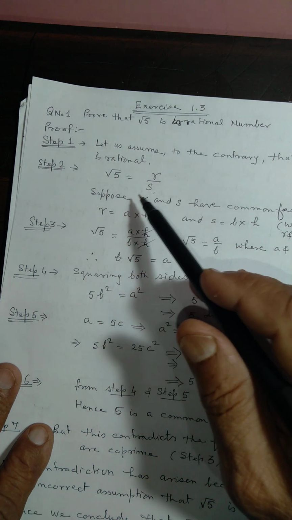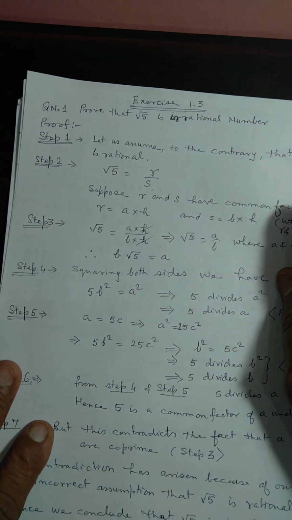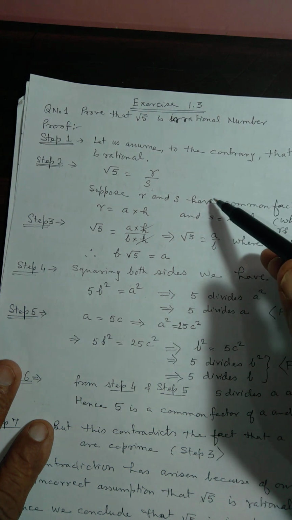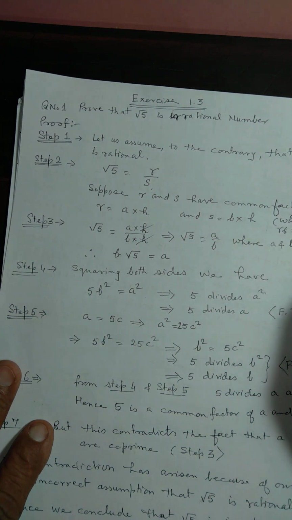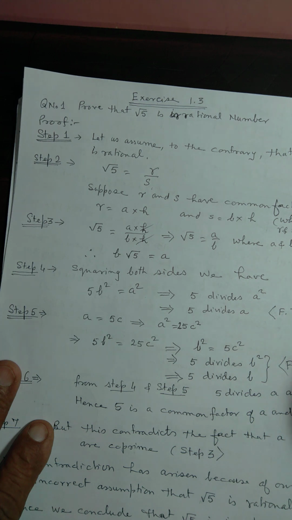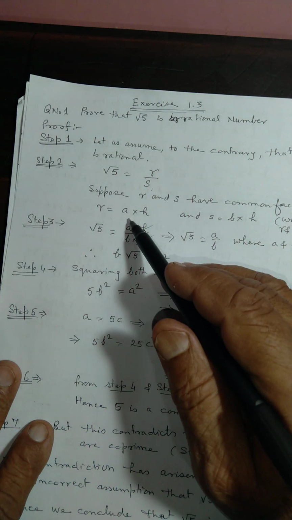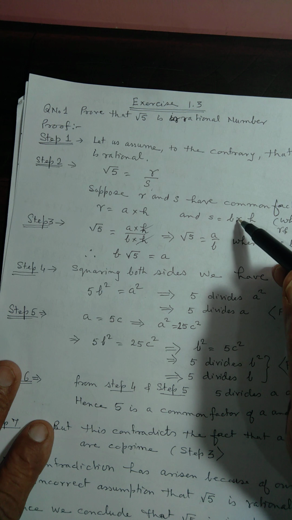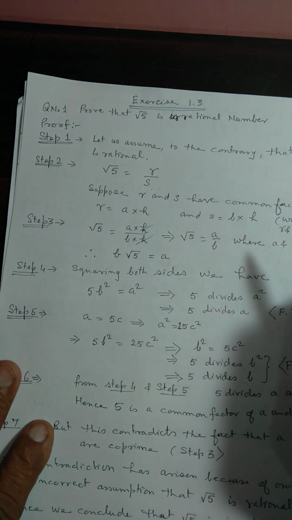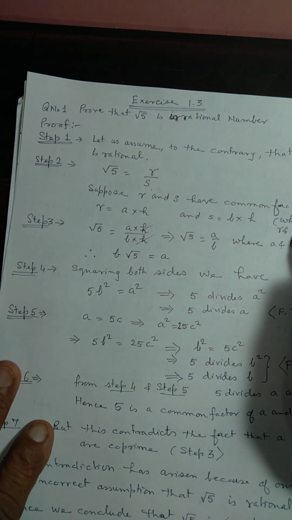Suppose r and s are not co-prime; at that time, they may have a common factor. For example, let it have a common factor h other than 1. So r can be expressed as a into h and s can be expressed as b into h, where h is the HCF of r and s.